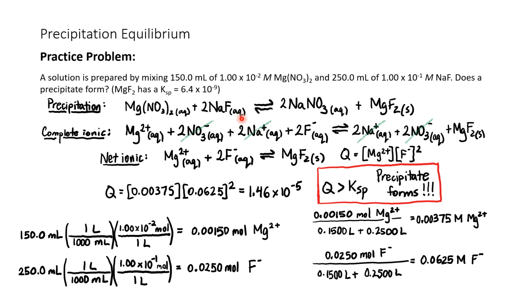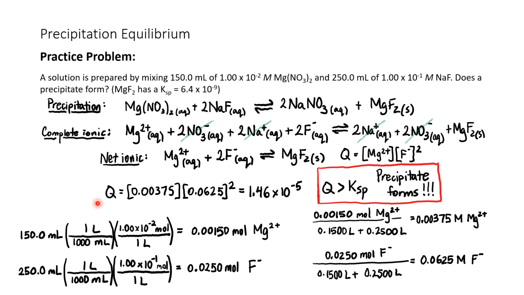You need to make sure you balance this equation correctly to be able to get the right coefficient so that you get the right expression for Q or KSP. This exponent is influenced by balancing the equation correctly. That's why I'm trying to tell you guys that you need to know how to write a complete ionic equation and a net ionic equation. Make sure you get that down, because that's all going to influence your answers going forward.